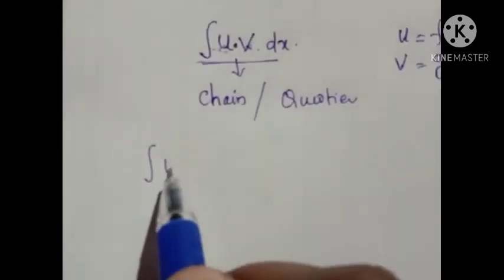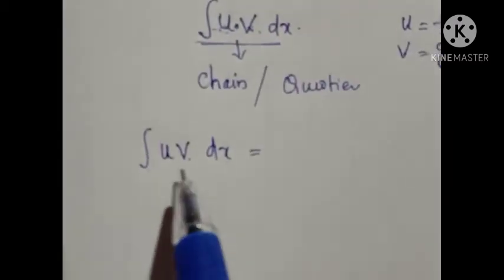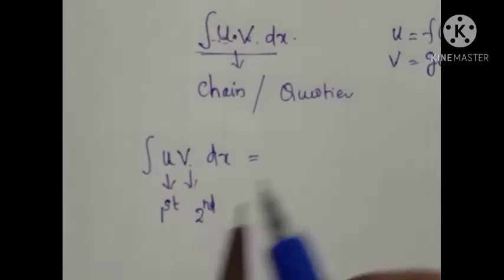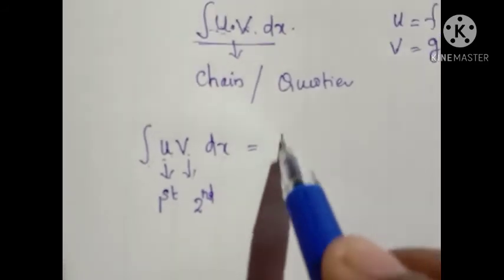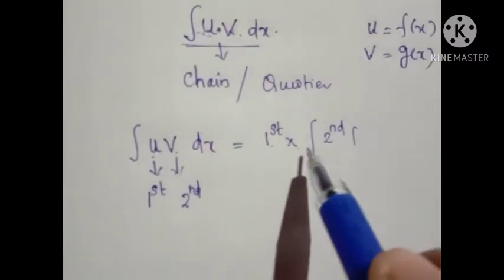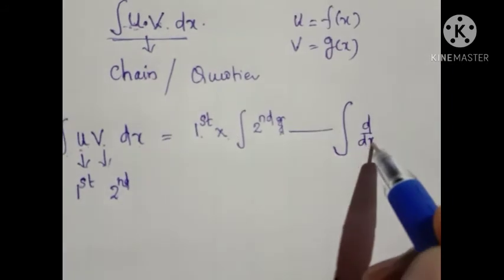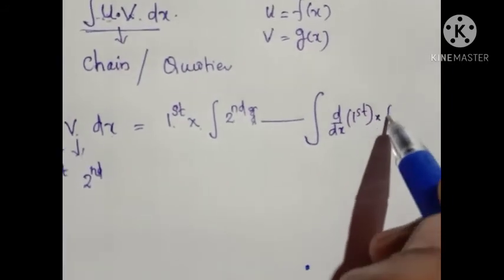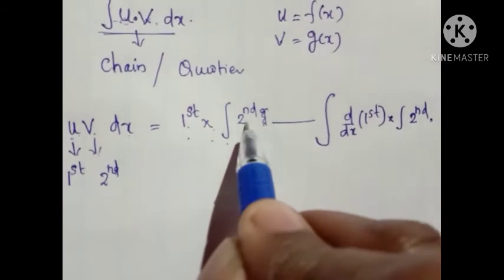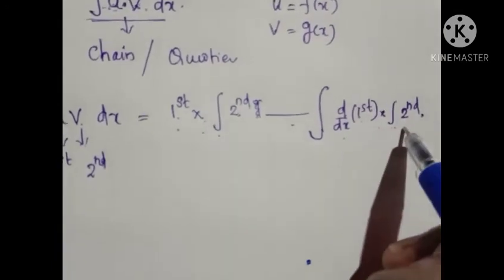The integral of uv dx, where u is the first function and v is the second function, is defined by parts as: first function into integral of second function, minus integral of derivative of first function into integral of second function.